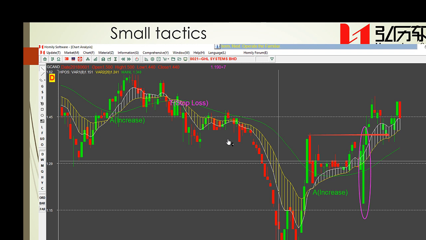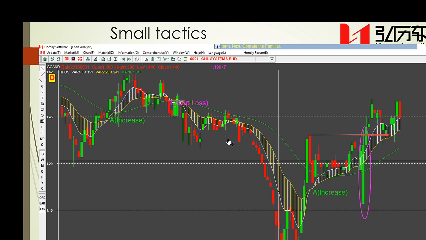We will make a decision depending on the close price, not the high price. Here the close price is here, so we must think here gets the resistance and cannot break out.